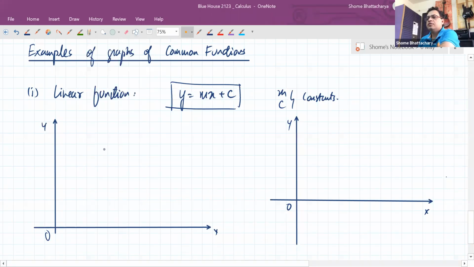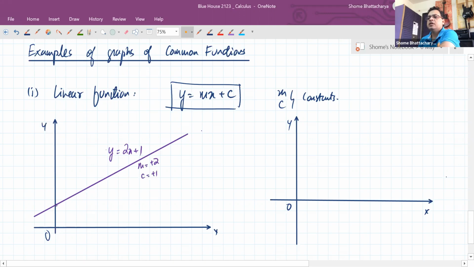For example, if I have y is equal to 2x plus 1, this will look like a straight line which has a positive slope and a positive y-intercept. So this has m, which is plus 2, and it has y-intercept, which is plus 1.